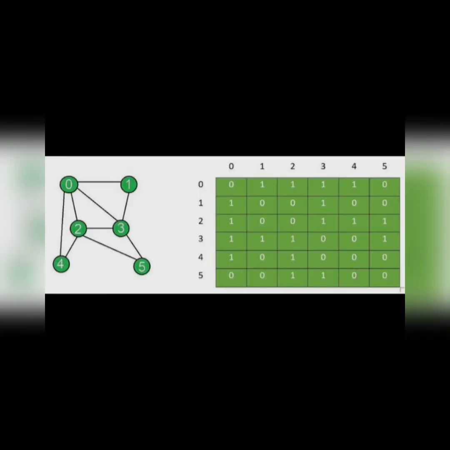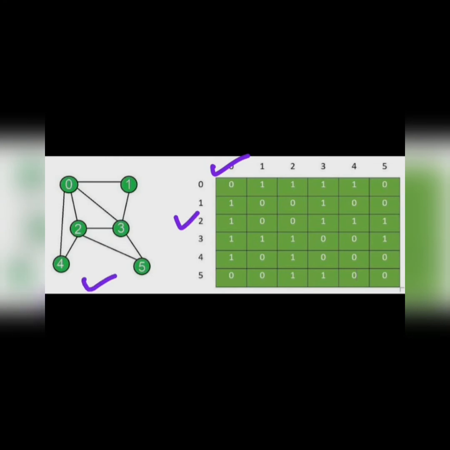Next is the adjacency matrix. So what is an adjacency matrix of a graph? I have given a graph, and I need to find the adjacency matrix of this graph. It's just like a matrix, where the rows and the columns are filled with the vertices of this graph.